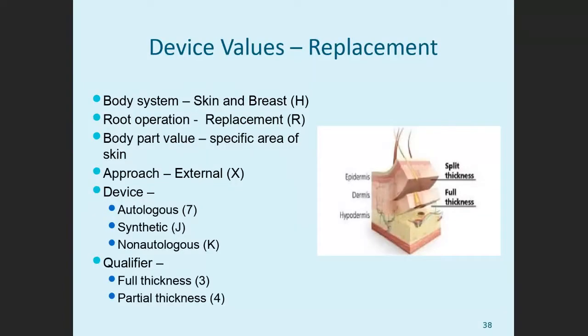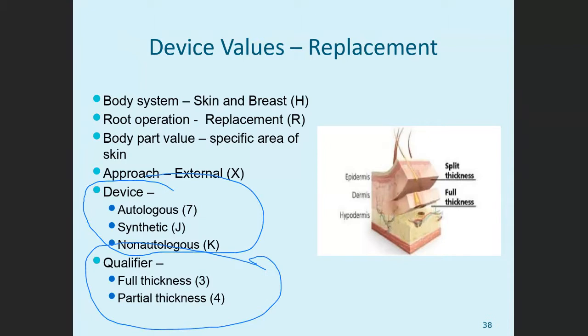So in the skin and breast system, a replacement option may include a specific type of flap using autologous tissue. So you know that it's autologous tissue, that's the device, but the qualifier says full thickness or partial thickness. So that gives you additional information, what kind of device, what kind of tissue.